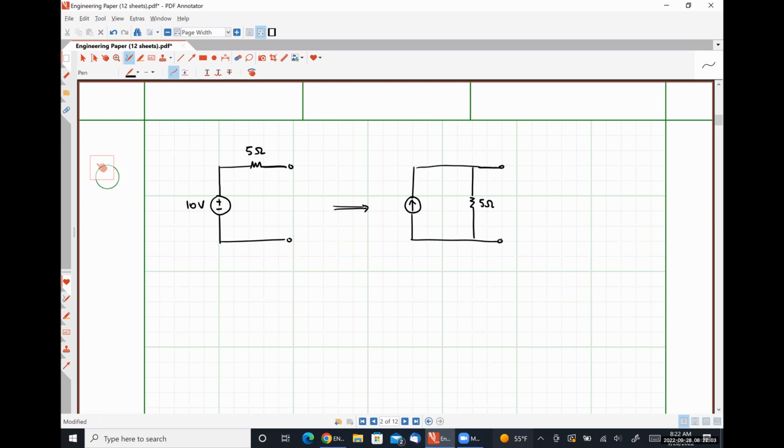If the positive polarity of the voltage source was on the bottom, the arrow would be pointing down. If the positive polarity terminal of the voltage source would be on the left, the arrow is pointing to the left. If the positive polarity terminal of the voltage source is pointing to the right, the arrow is pointed to the right. Okay. So what value should our current source, the independent current source on the left, have?